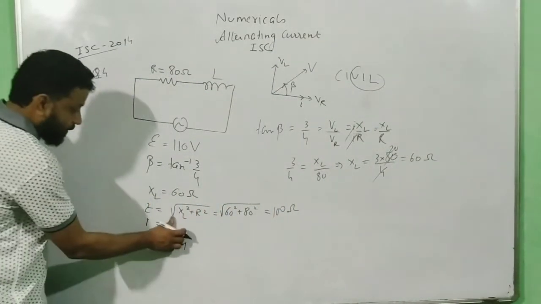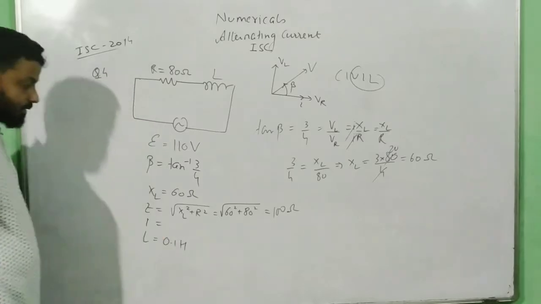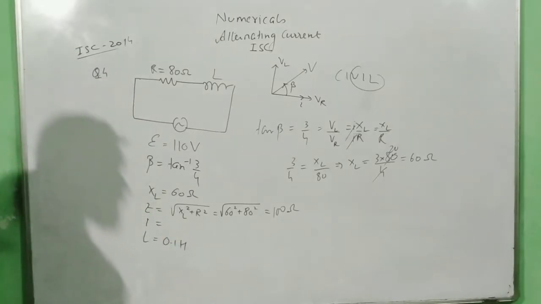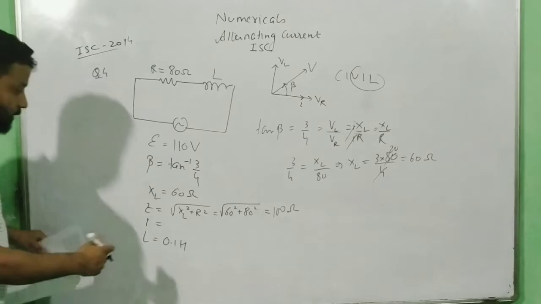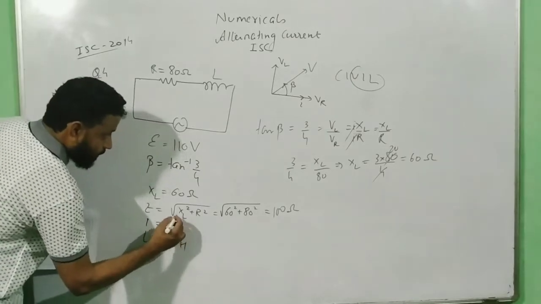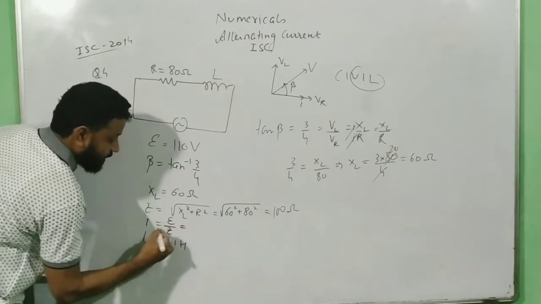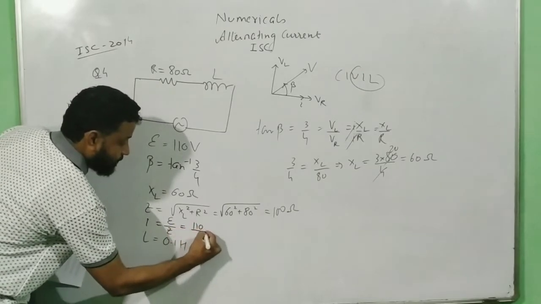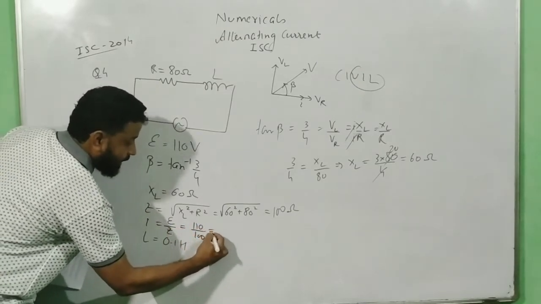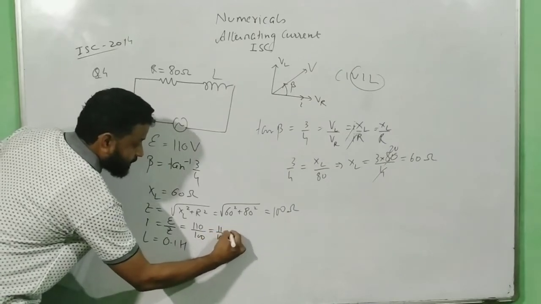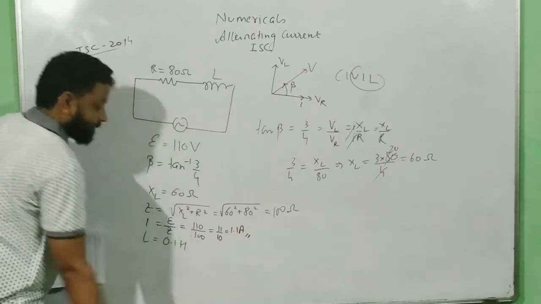How will you find the value of I? I will be equal to EMF by Z. What is your EMF? EMF is 110 volt and Z you got as 100, so that is equal to 11 by 10, that is 1.1 ampere.